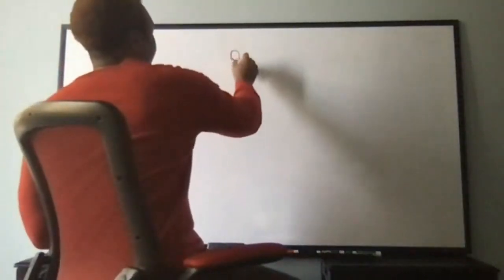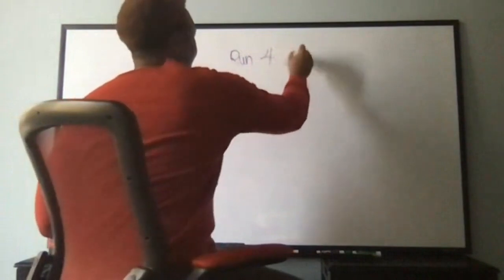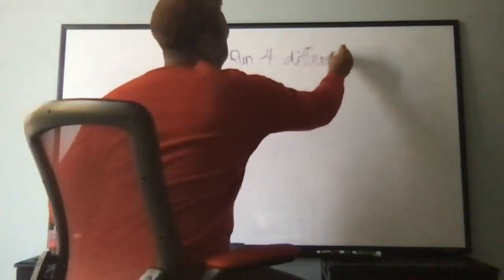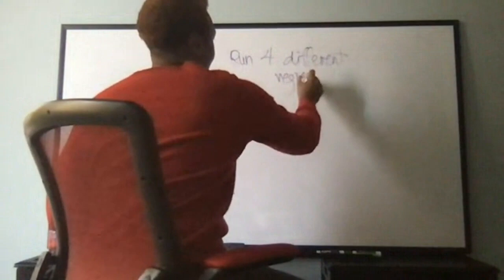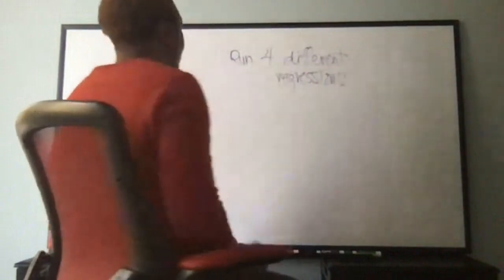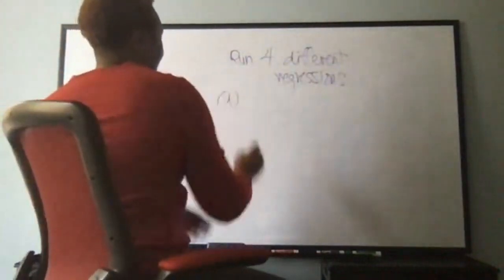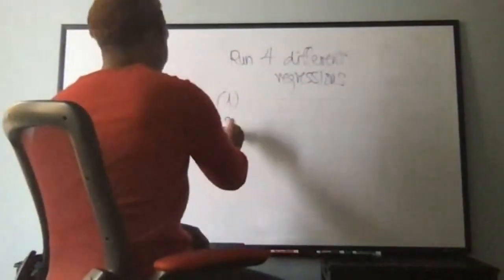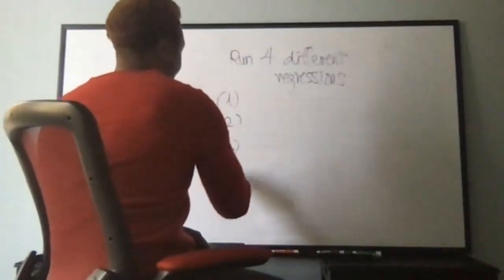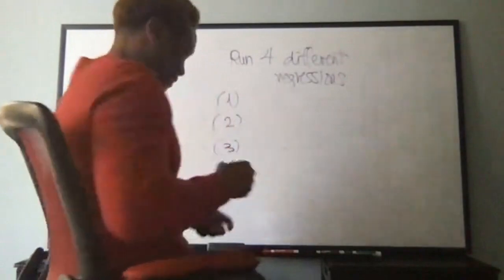All right, so it's looking like most of us are saying run 4 different regressions. Okay, so now I want you to write down the X variables that go with the first one, the second one, the third one, and the fourth one.